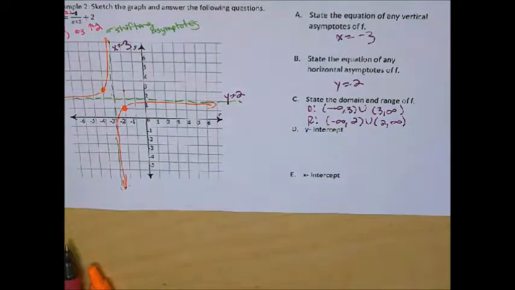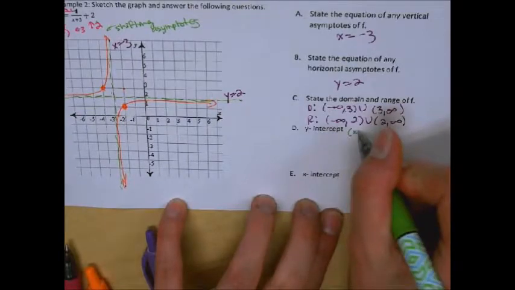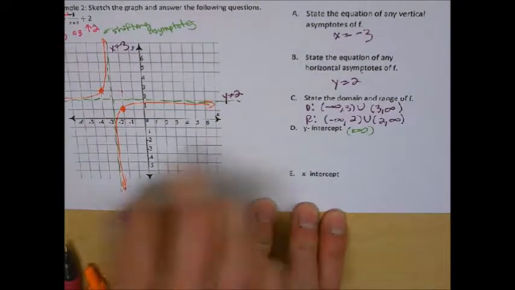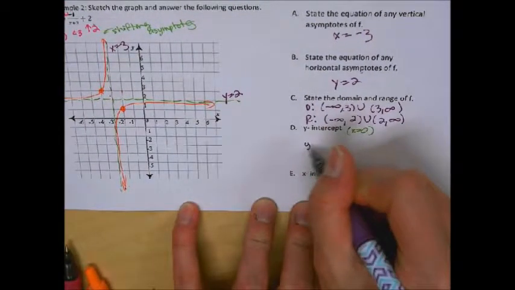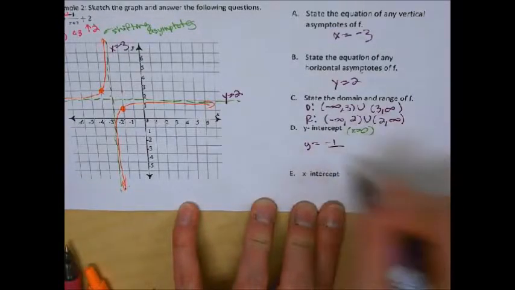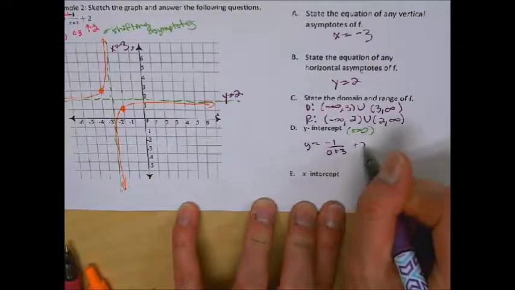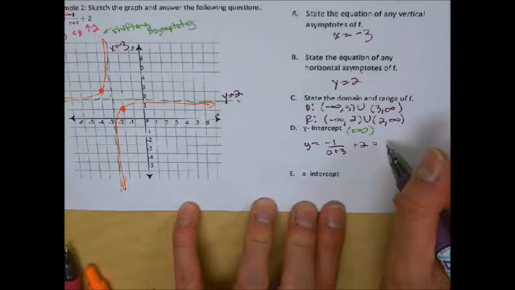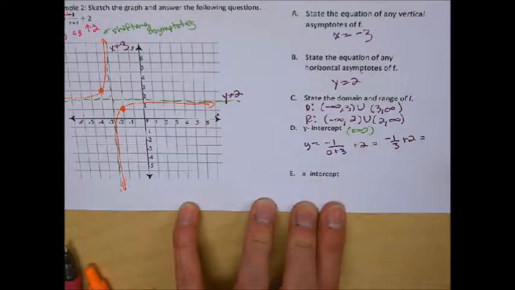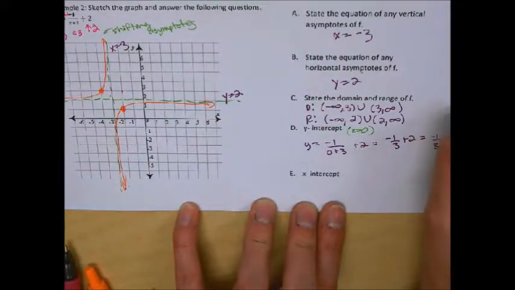To find our y-intercept, how do we find y-intercept? We set x equal to 0. So I'm going to have y equals -1 over 0 plus 3 plus 2. And this is going to be -1 over 3 plus 2. If you want to make a common denominator, times by 3.